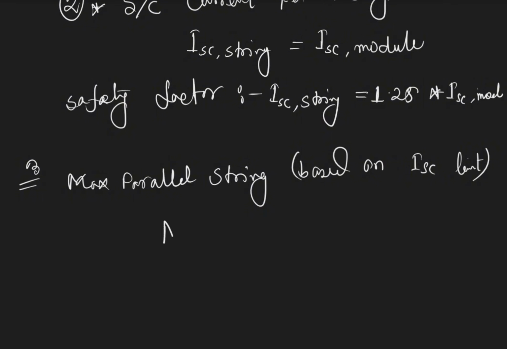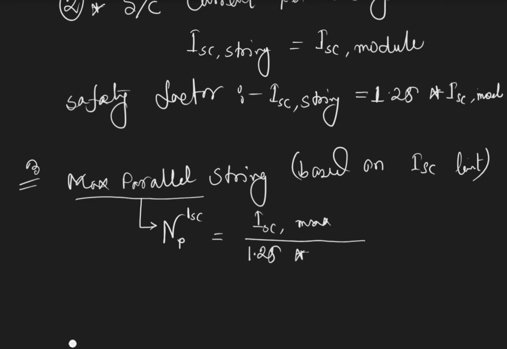Let's say n is defined as the maximum number, so n, and if I write p, it's the subscript for parallel, is equal to the maximum short circuit current value over the safety factor 1.25 times the ISC of the module.